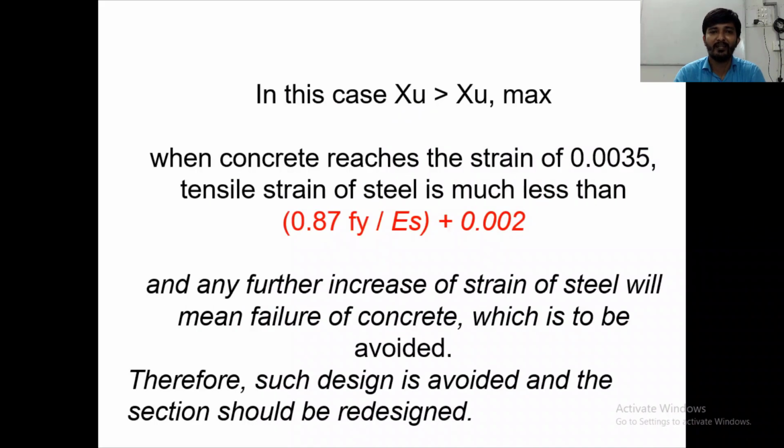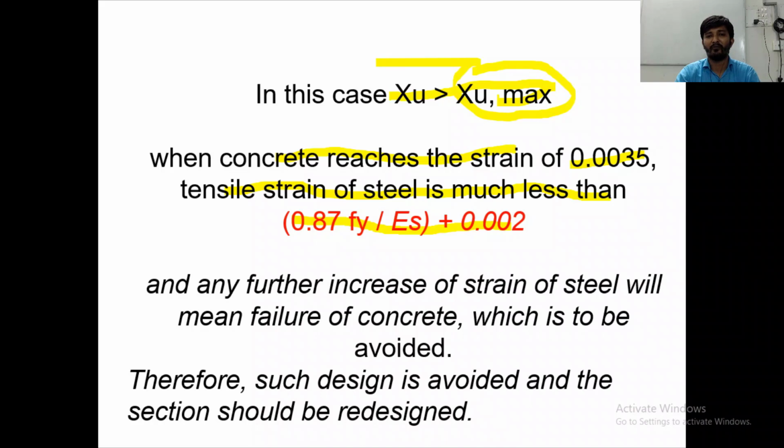In this case, XU is greater than XU max, right? It is going above the maximum limiting value. So when concrete reaches the strain of 0.0035, the tensile strain of steel is much less than 0.87 Fy divided by Es plus 0.002.